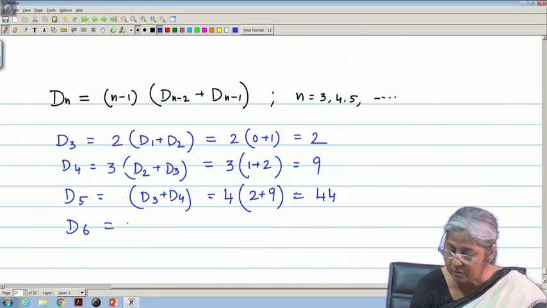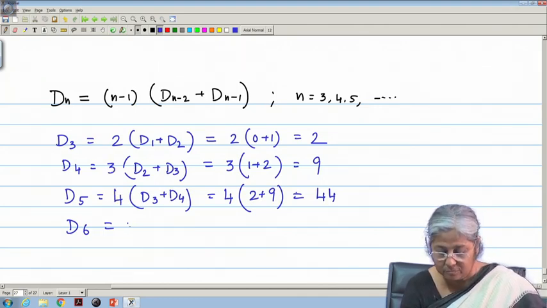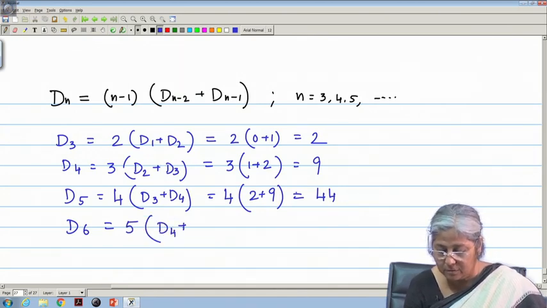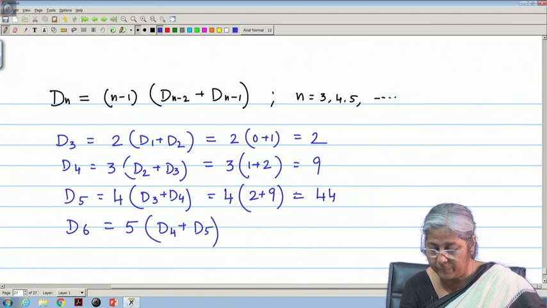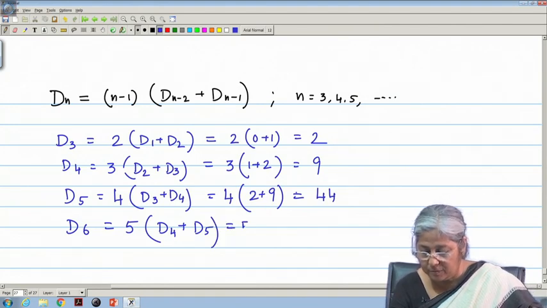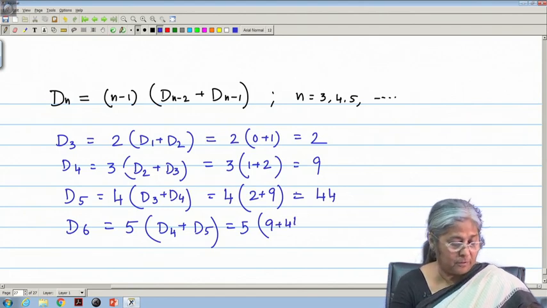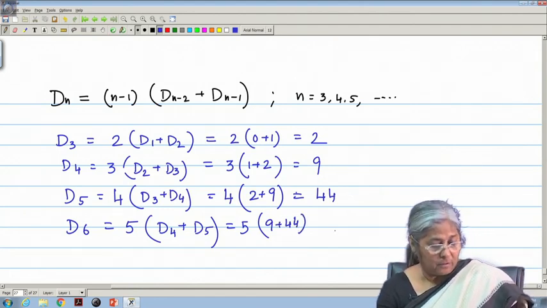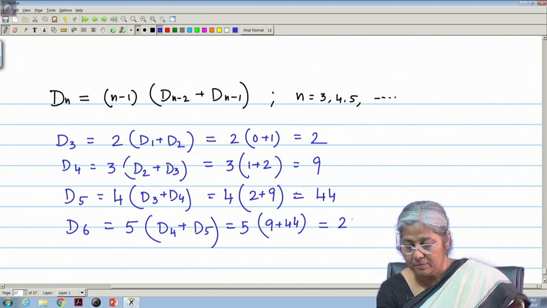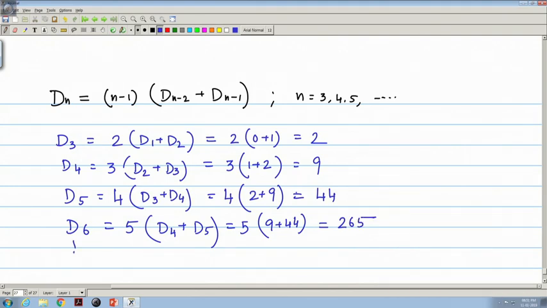Similarly, I can now compute more values. D6 is 5 into D4 plus D5, which is 5 into 9 plus 44, and this becomes 265. In this way we can easily compute all the derangements.